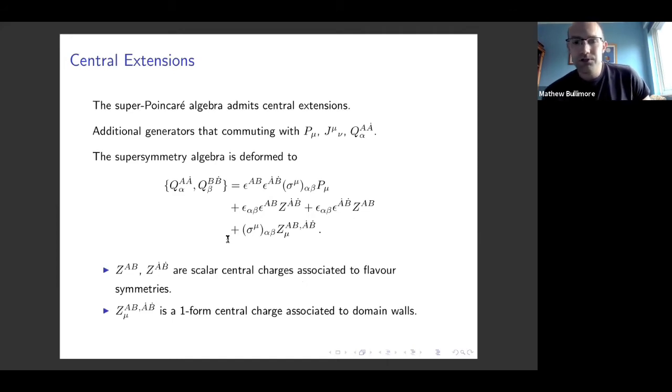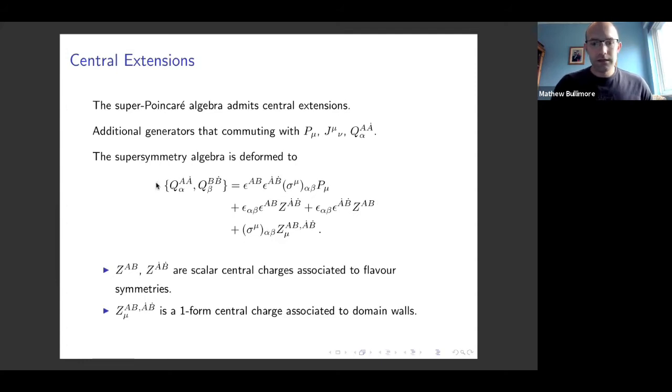We had some supercharges that I called Q, and then, of course, there were also momenta and angular momenta that generate translations and rotations of spacetime. Now we want to look at central extensions of this algebra. What this means is that we add some additional generators that commute with everything else, and those additional generators can appear in the anticommutator of the supercharges. That takes the following form.